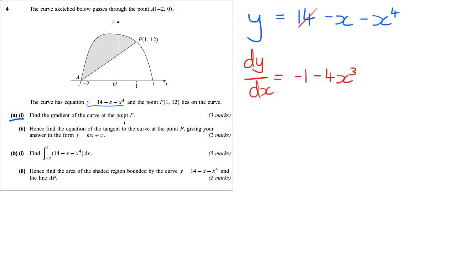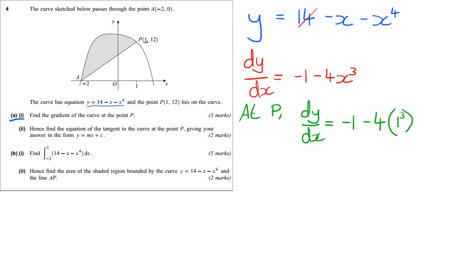So find the gradient at point P. So we have our function, our equation rather, for finding the gradient. So let's put the numbers in. So at P, well, what is x? Well, x is 1 there, they're giving us that. X is 1, so we can say at P dy over dx is going to be equal to minus 1 minus 4 times 1 cubed.